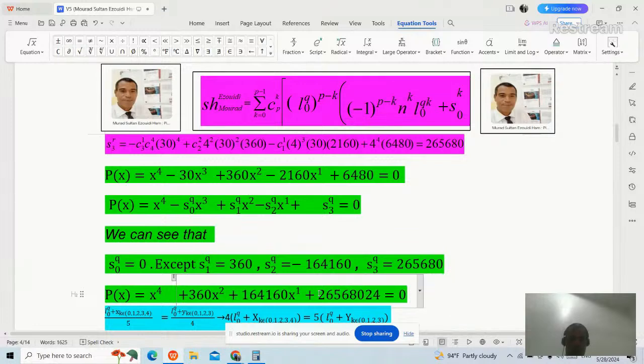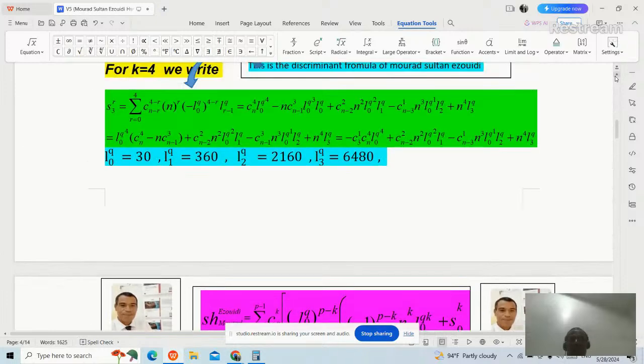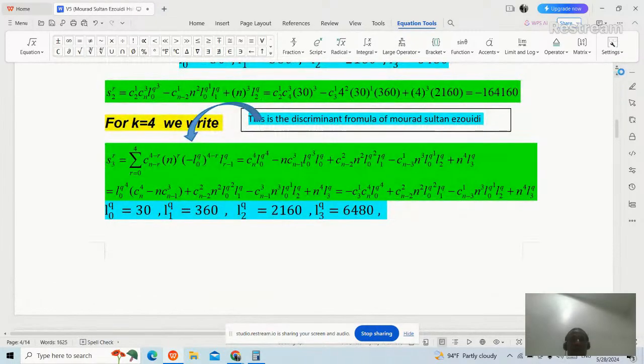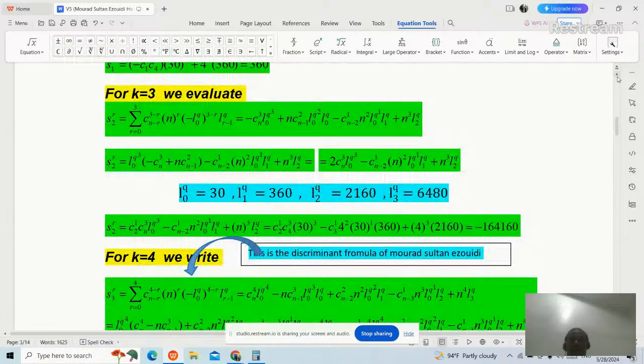So now I finished the work. Thank you, my learners, for seeing the lecture, and I wish that you got the point. How can you work with going to the power 4 and 5 and so on?